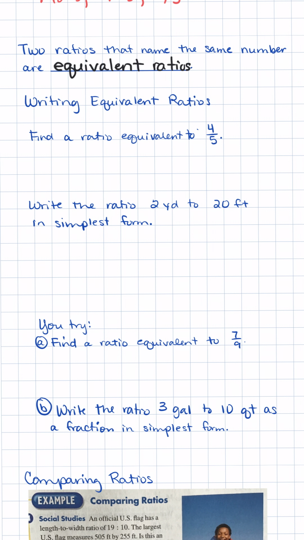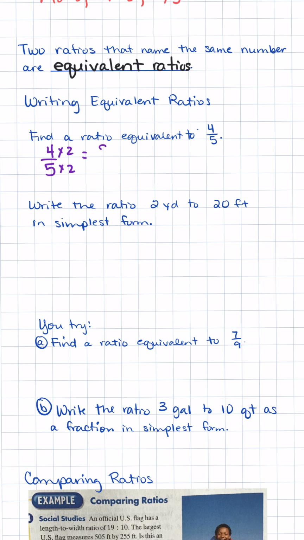If you remember back that far, you can find equivalent ratios by writing a ratio as a fraction and finding an equivalent fraction. So we have the ratio 4 to 5. And if it says that it wants to find an equivalent fraction, we can take the number 4/5 and multiply it really by any number, but let's do 2. And whatever we do to the top, we have to do to the bottom.